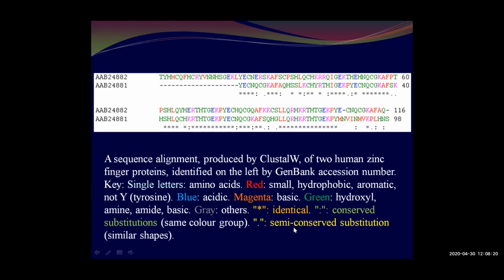If one amino acid is replaced by another amino acid, but the shape of both the amino acids is the same, this is represented by a dot. If it is represented by a colon, two dots, it indicates it is a conservative substitution. Means it is replaced by the same group, by a similar kind of amino acid.